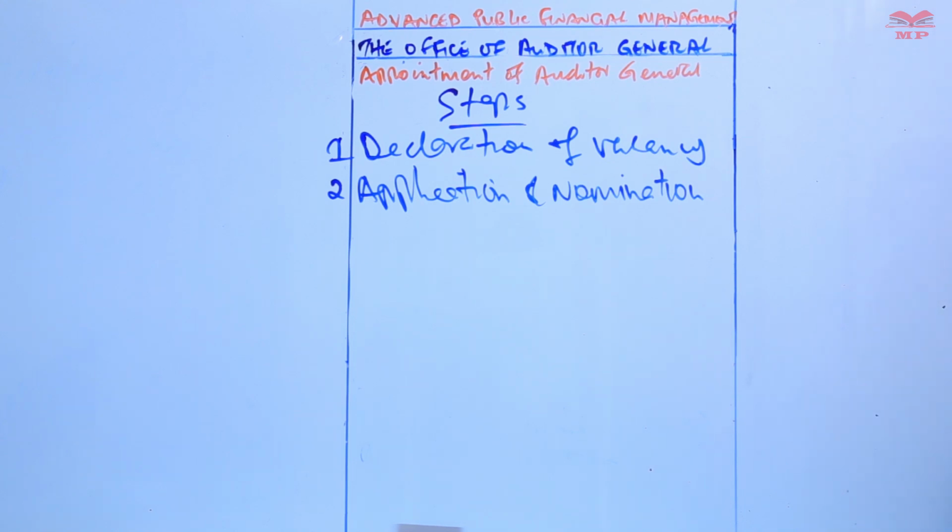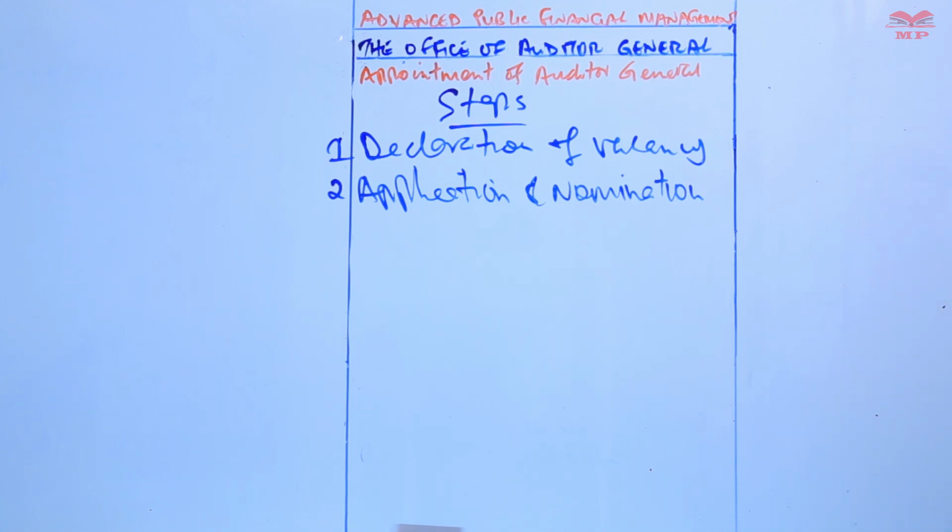And the Independent Offices Appointment Act outlines the qualifications required for the position, in addition to those specified in the Constitution, which is the extensive knowledge of public finance or at least 10 years experience in auditing or public finance management.